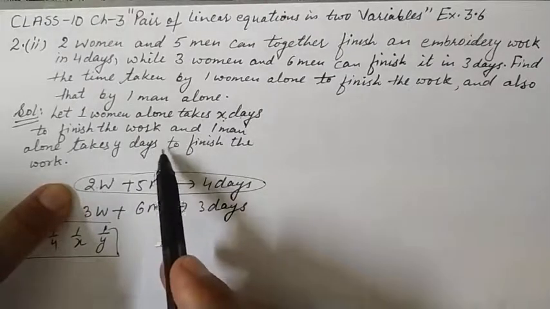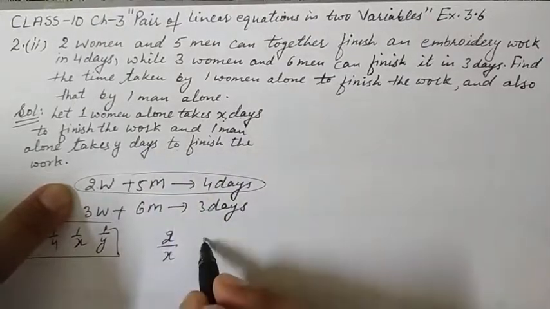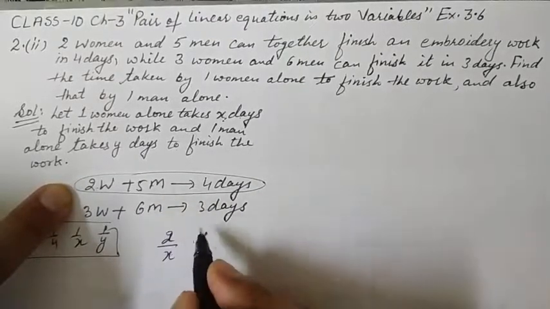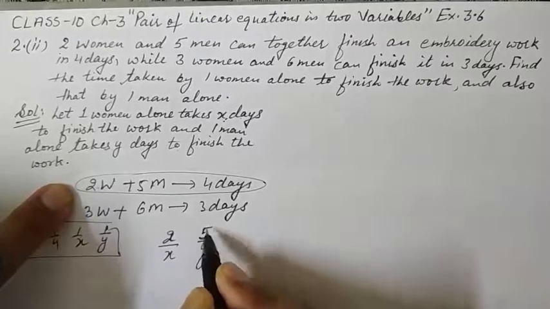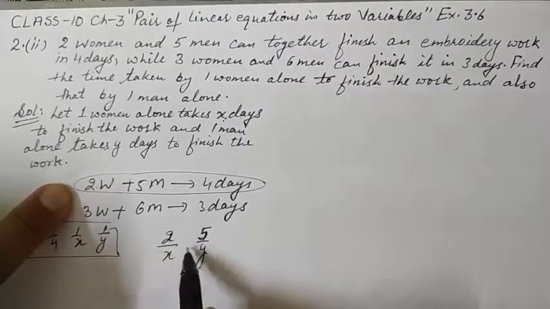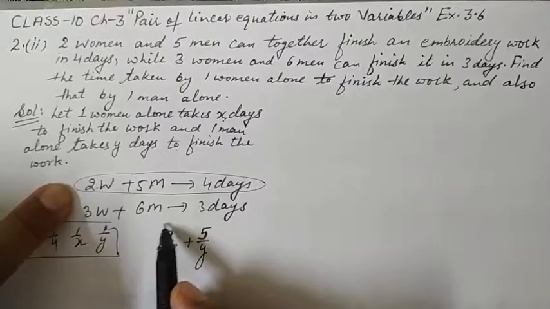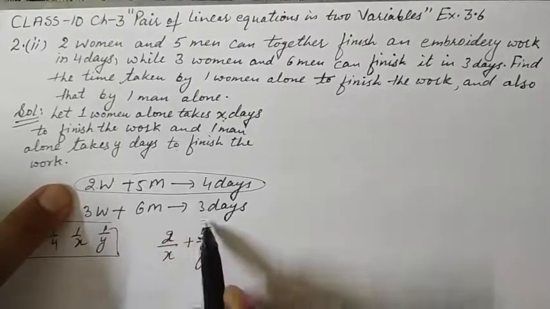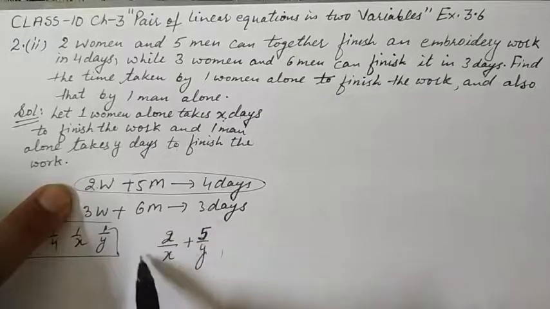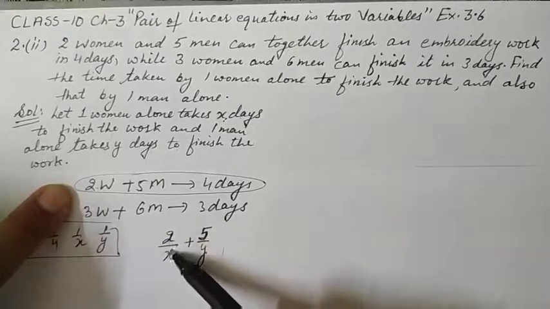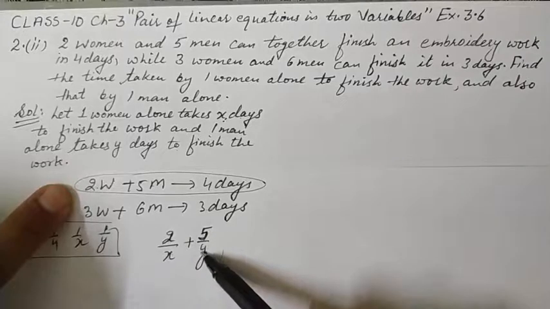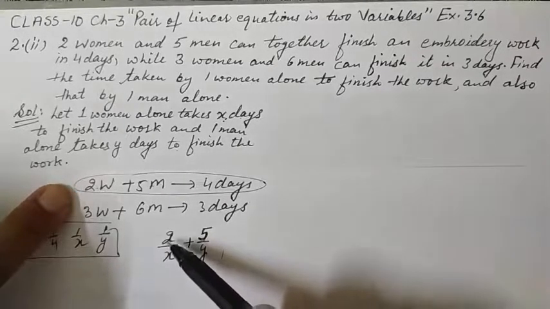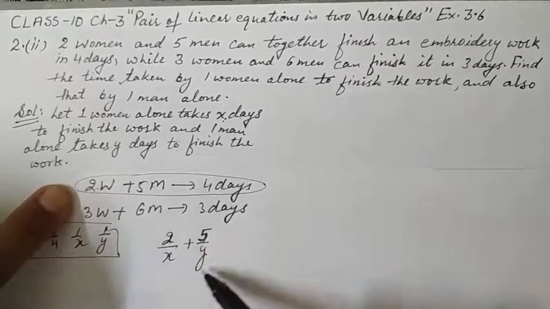Now what is one man's one day work? That is 1 by y. So what is 5 men's one day work? That is 5 over y. We have to multiply with 5. If I add these two, it is 2 women's and 5 men's one day work, because this is 2 women's one day work, and this is 5 men's one day work.